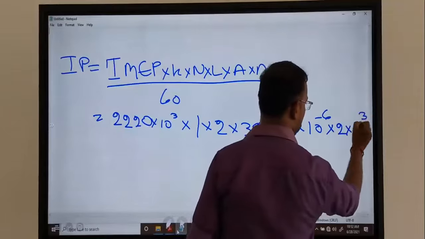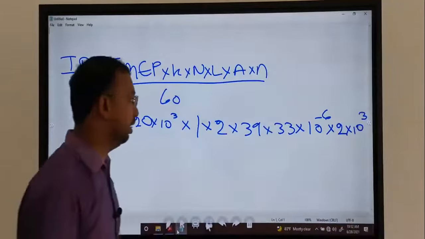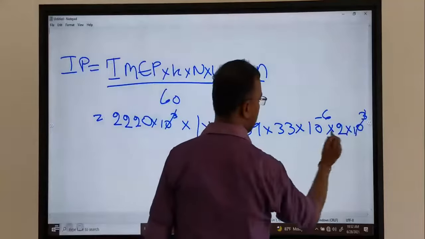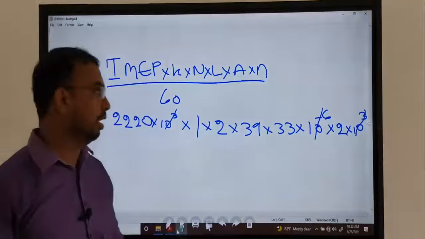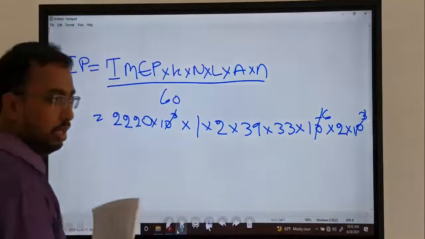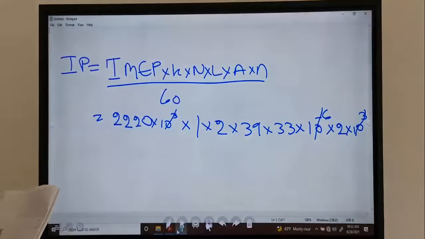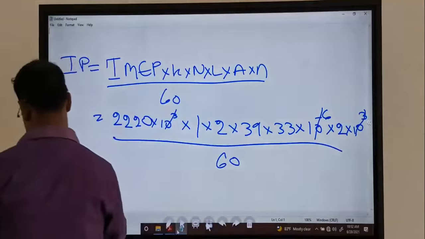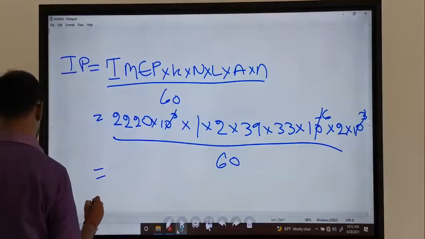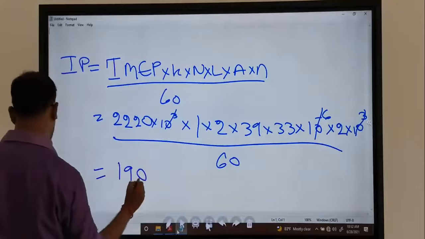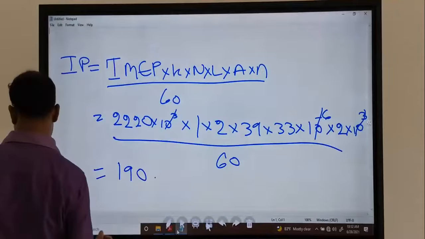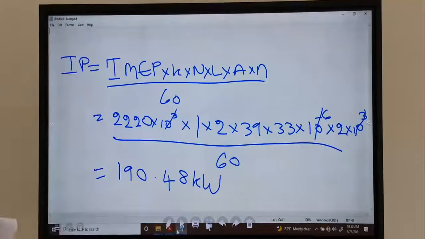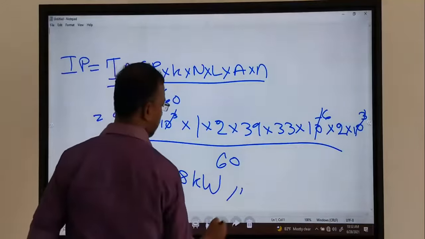So I put 2000 as 2 into 10 to the power 3, then we can cancel these both, over below 60. So the indicated power is 190.48 kilowatt. This is the answer.